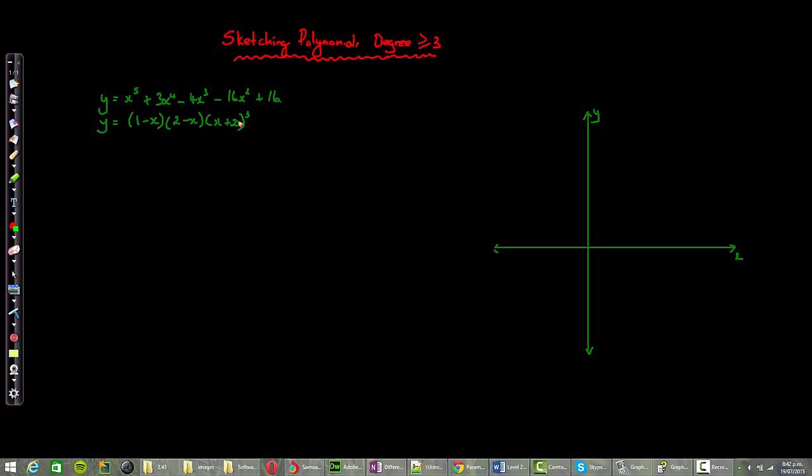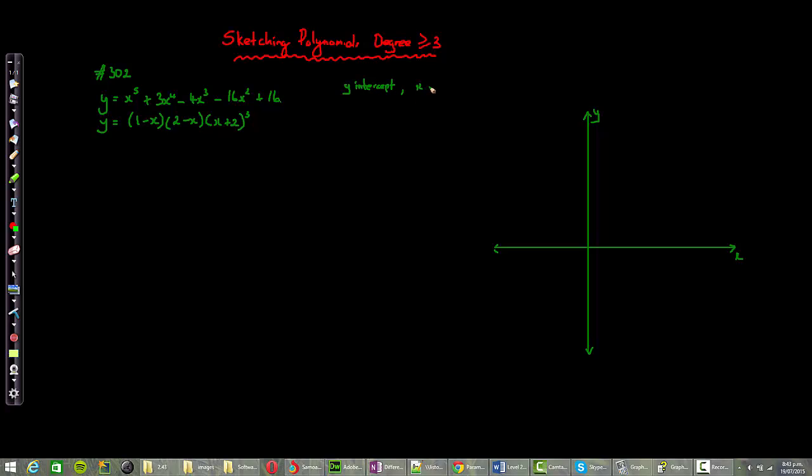It's also given in factorized form here, and this is actually question number 302 from your workbook that I'm going to work through with you. So what you're asked to do is basically to sketch this function, and what we need to do is have a look at finding the following. The y-intercept is going to be needed to accurately graph this.